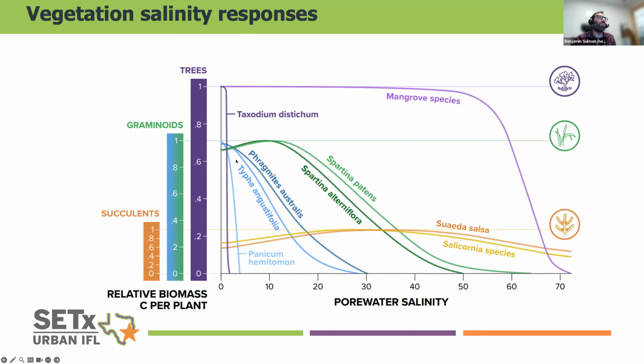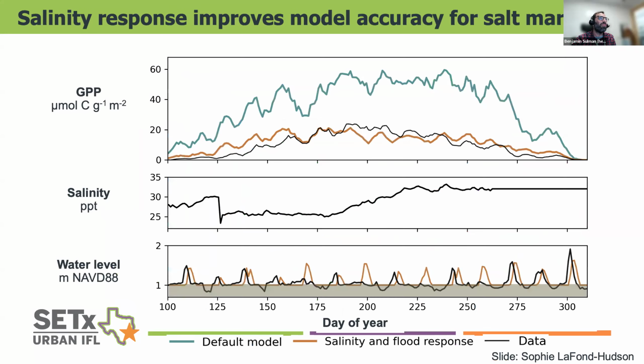So these include salt marsh plants in green, which are relatively salt tolerant compared to freshwater marsh plants in blue, which are less salt tolerant. So we can try to simulate the impact of saltwater intrusion events. Some of this freshwater forest vegetation also is very salt intolerant. And so we're setting up simulations that include those contrasts.